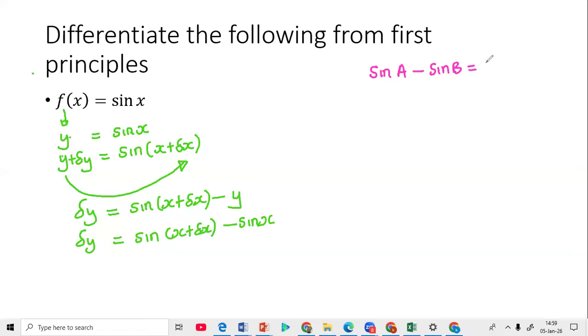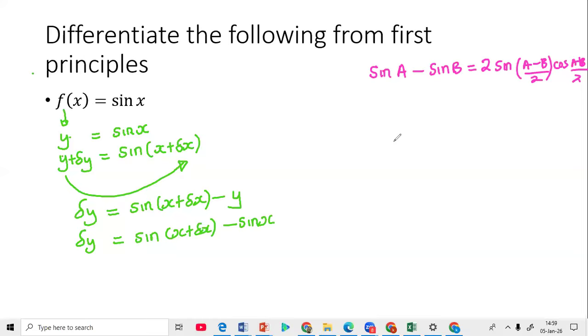So when I have sine of A minus sine of B, I will get 2 sine of (A minus B) out of 2, times cos of (A plus B) out of 2. Senior, do you have the same?